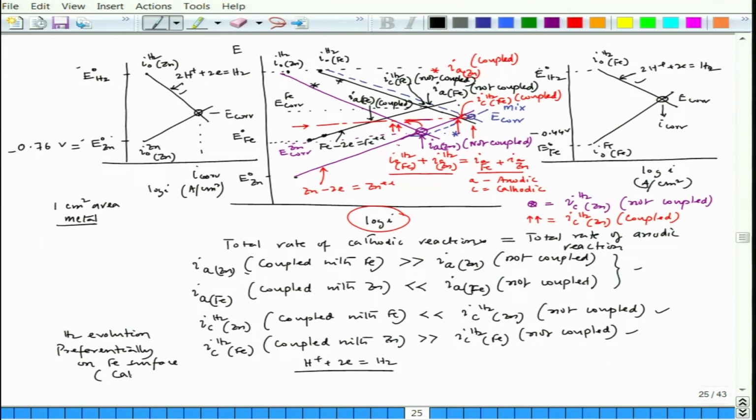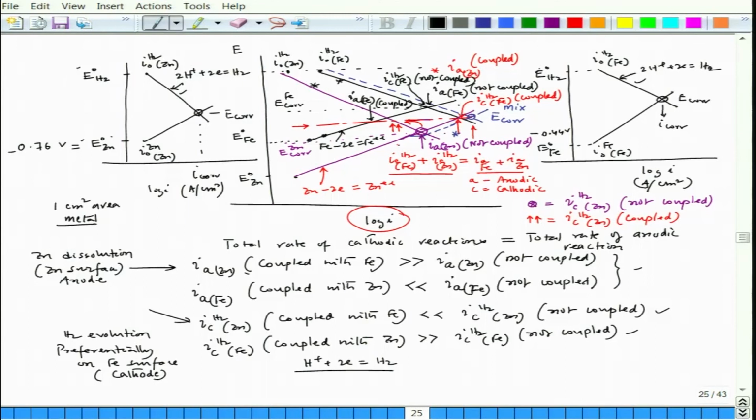Hence, this is the cathode, since we know that the cathodic reaction takes place on the cathode, and on this surface the hydrogen evolution reaction is very small, but zinc dissolution is maximum on this zinc surface. So, this is the zinc surface, and that is what is the anode.